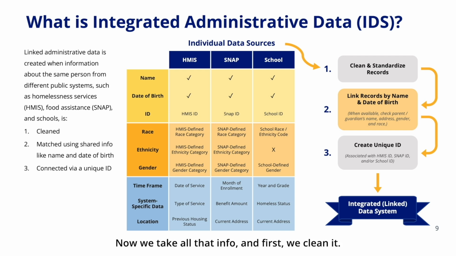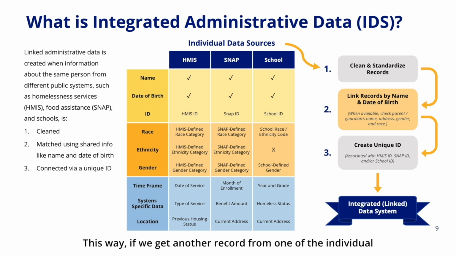Now we take all that info and first we clean it. Next, we link on name and date of birth because we can see that all 3 of our individual systems have those 2 variables. Finally, we create a unique ID, like a set of random de-identified numbers that's matched to the particular individual and matched to the specific system they're in.